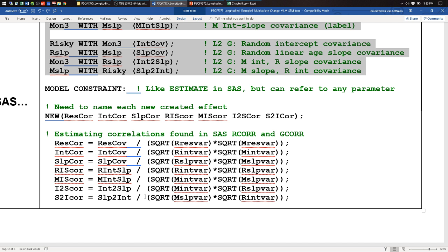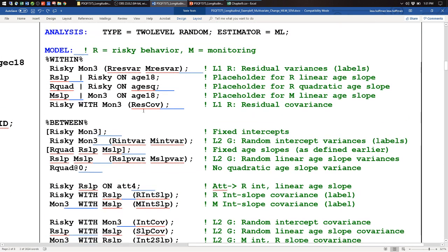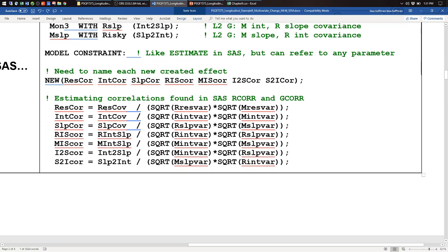So I am literally computing the correlation that goes with each of these covariances myself, where I'm defining the new term that I'm computing, giving it a name, and then telling it how to make it, where these words in here correspond to the labels that I used up above. So whatever this covariance is at level 1 between risky and monitoring, that number is what it's going to fill in for ResCov when it sees it down here.